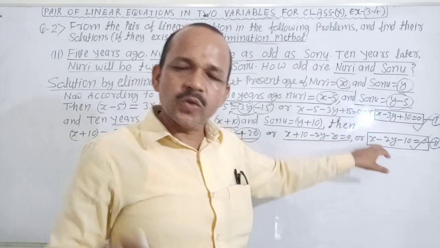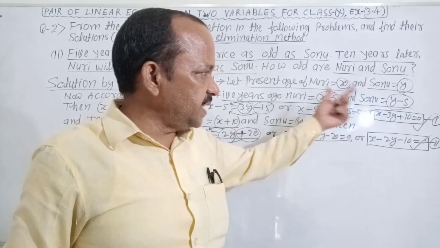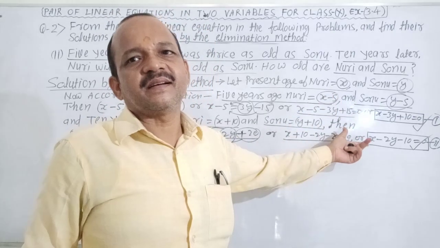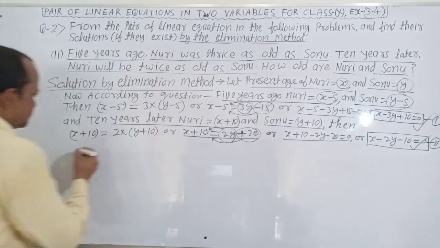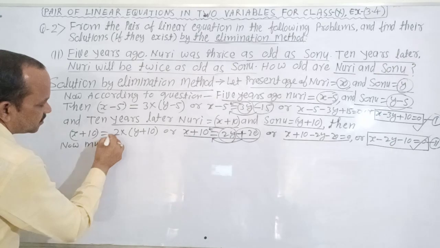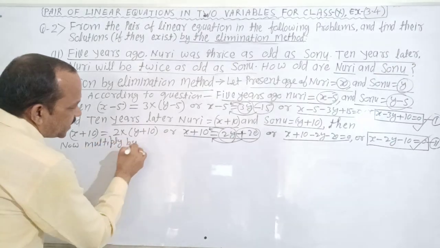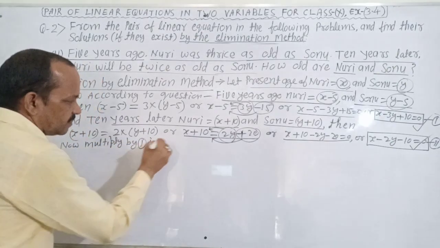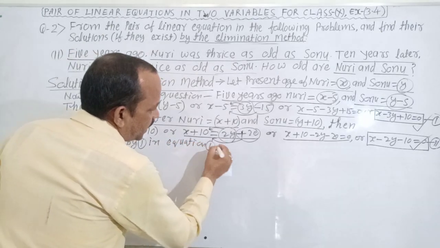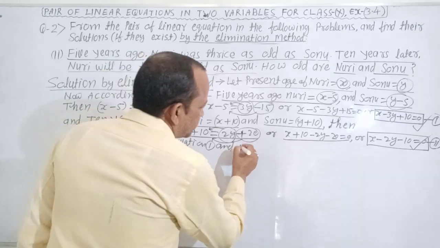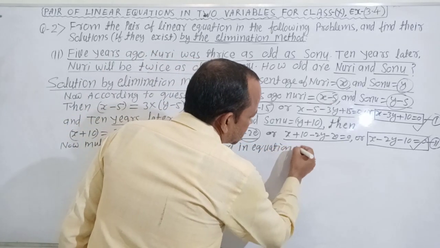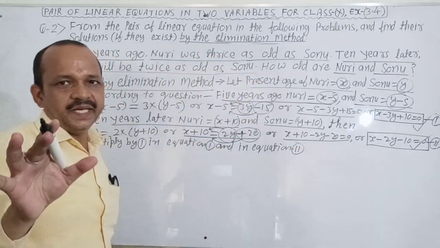Here 1x, here 1x. So you multiply by 1 in equation first and by 1 in equation second. Clear?